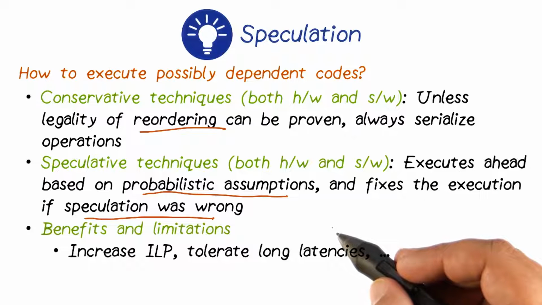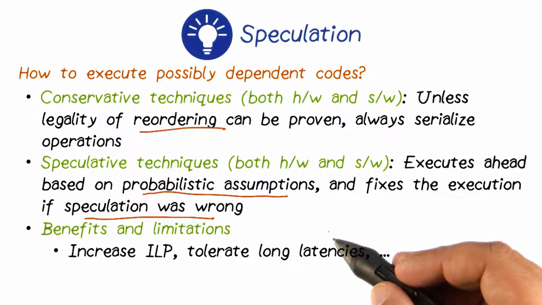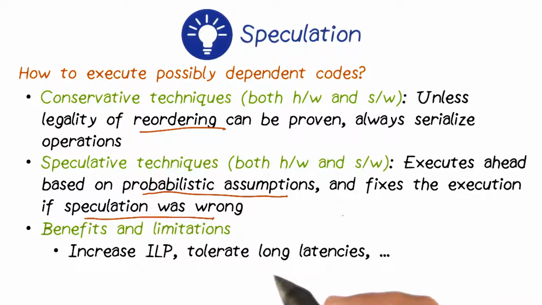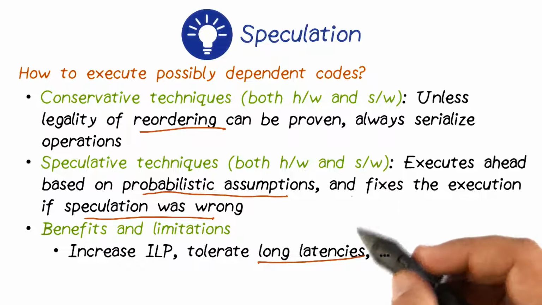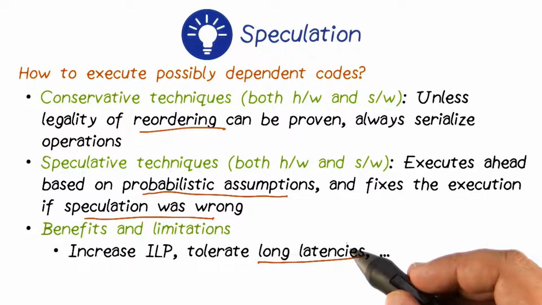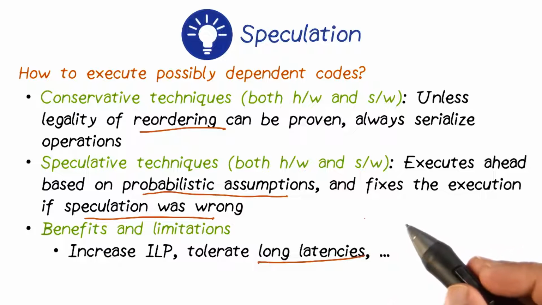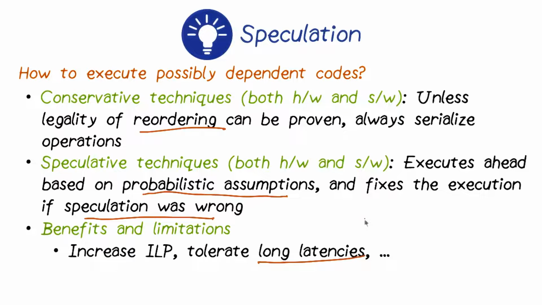So what is the biggest benefit of speculation? Because we are executing things ahead of time, we can tolerate long latencies. For example, if the load takes a long time, because we started it early, by the time we need the result of this load, the data is already available. This in turn increases our instruction level parallelism.